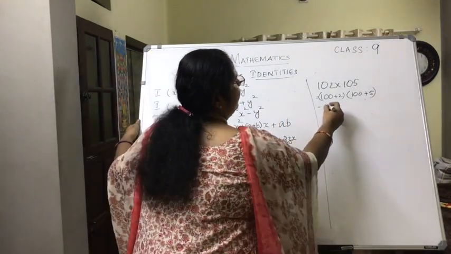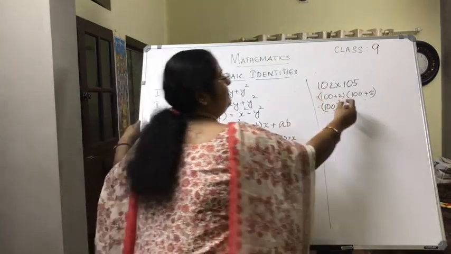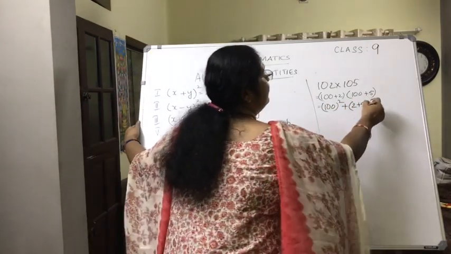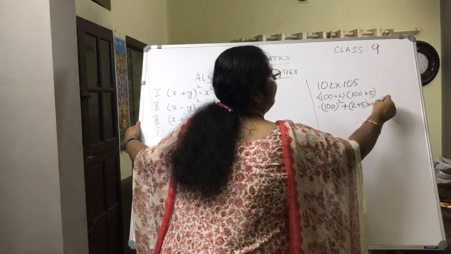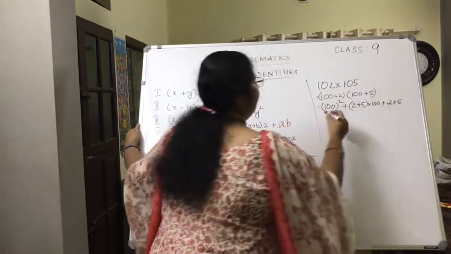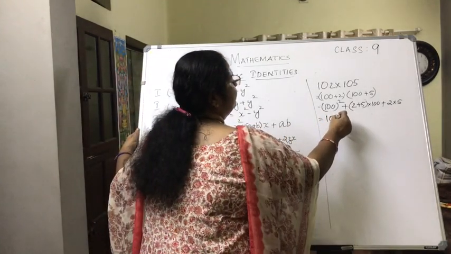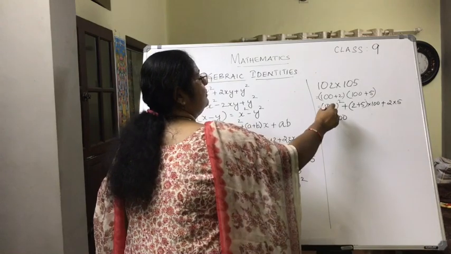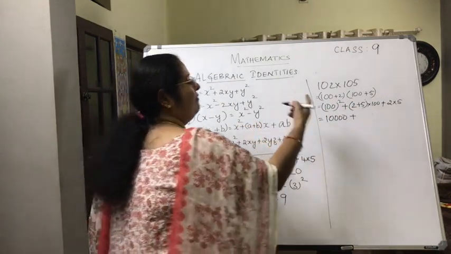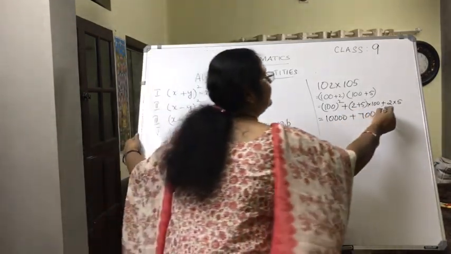So x square, that will be 100 square, plus (a plus b), 2 plus 5, into x, x is 100, plus a into b, 2 into 5. So 100 square will be 10,000 plus 2 plus 5 is 7, 7 into 100 is 700, plus 2 into 5 is 10.